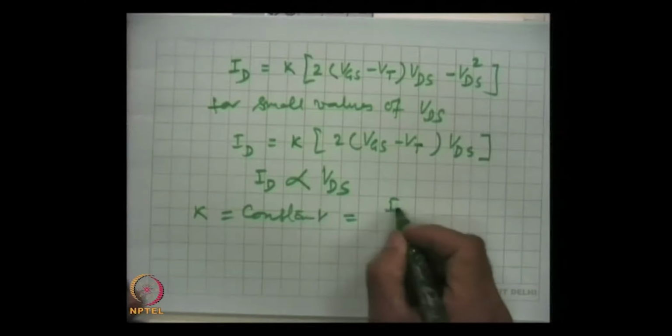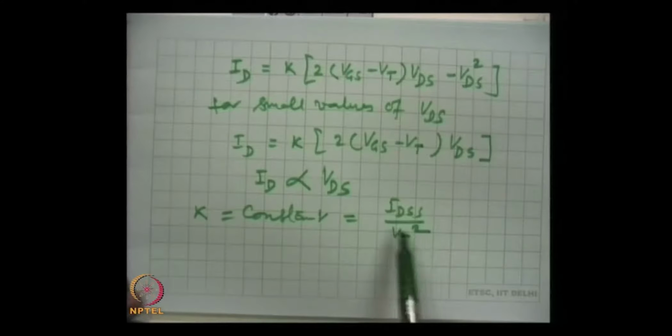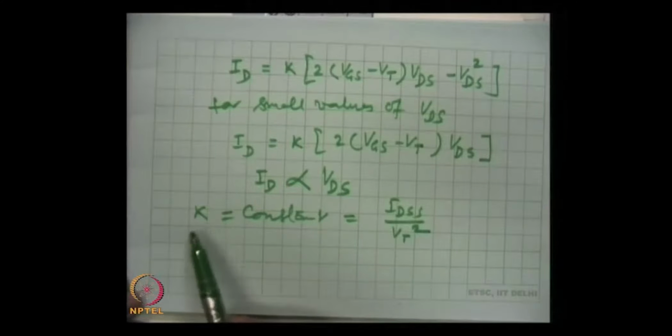So, the IDSS is known for the device, VT is known, so we can calculate this K. This is the relation for the drain current as a function of VDS, and it also depends on VGS. So, this is how we explain the ohmic region.